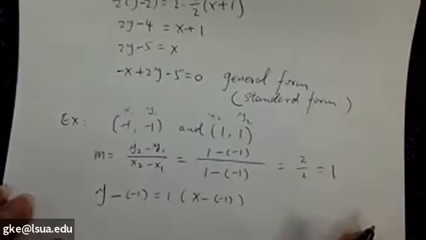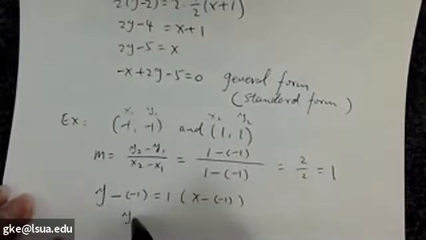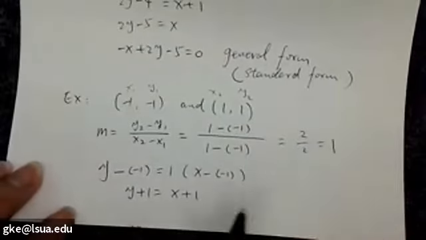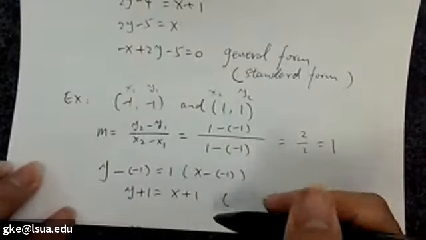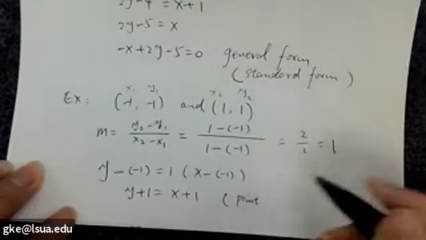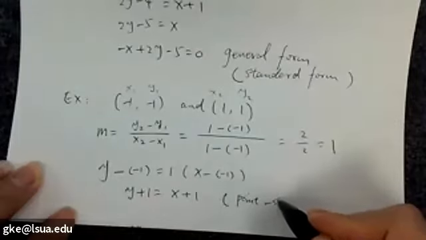Right? And then we have y plus 1 equals x plus 1. Right? And that is what? That is point slope form.